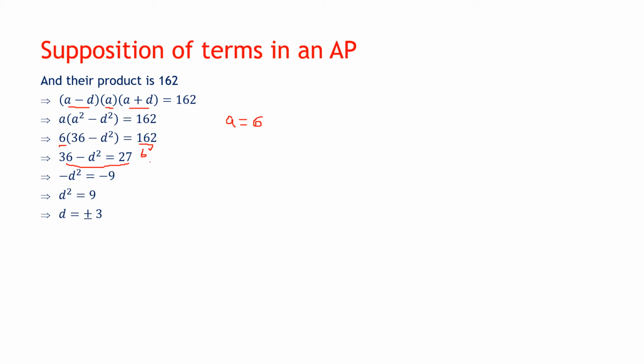So now you have got a is equal to 6 and d is equal to 3 or minus 3.